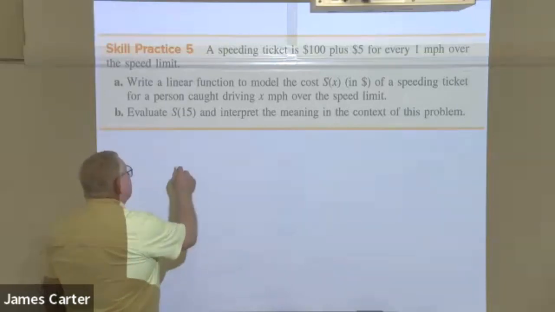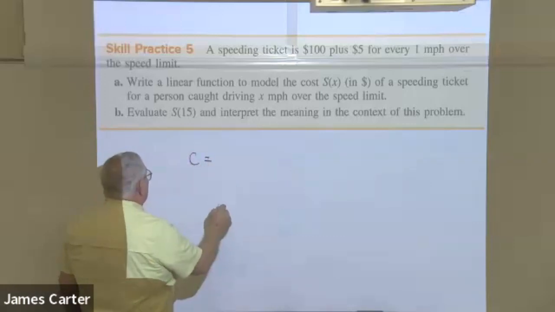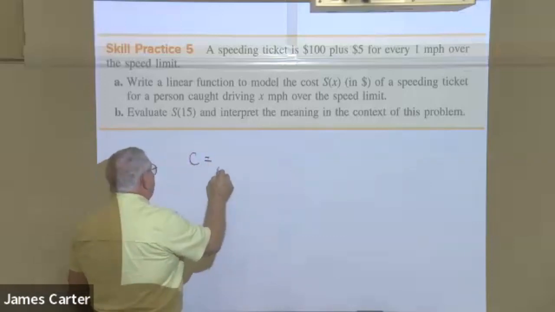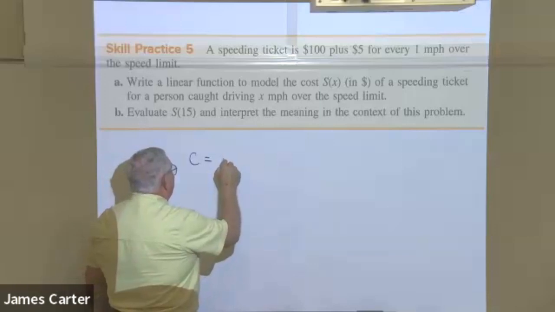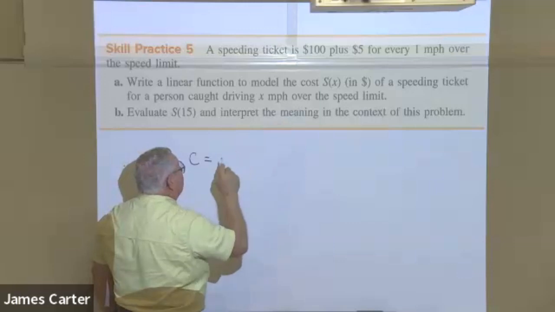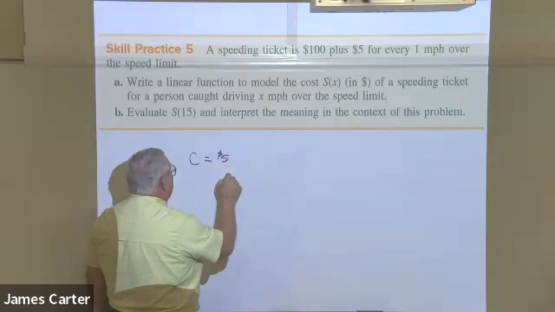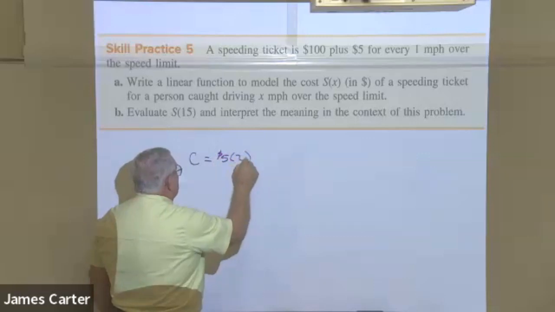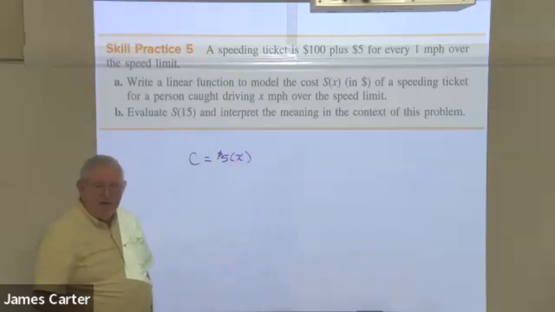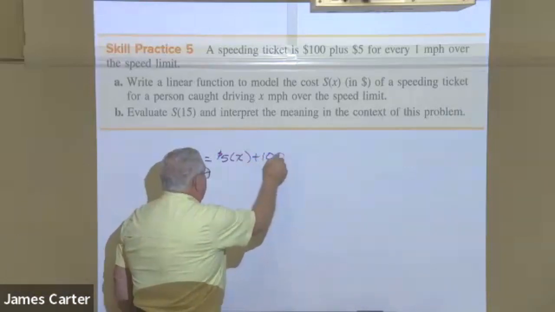The cost of the ticket equals, in this case, $5 times the number of miles an hour you drive over, plus 100 up front.